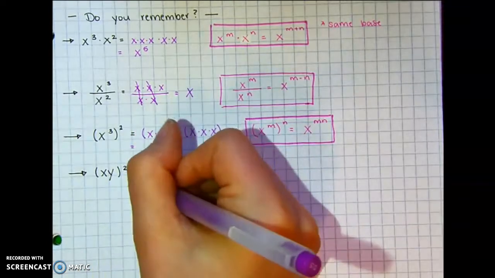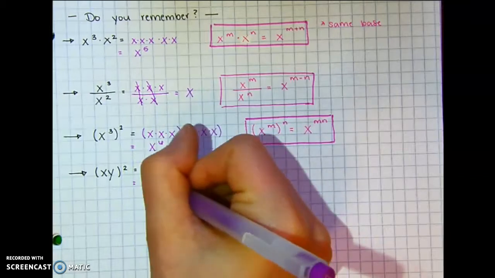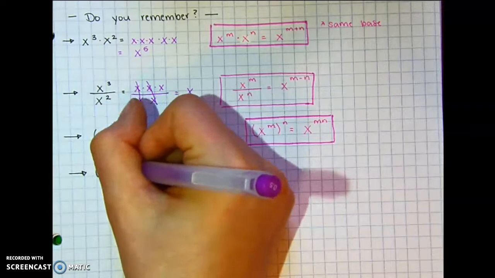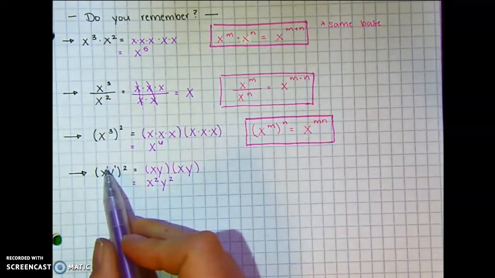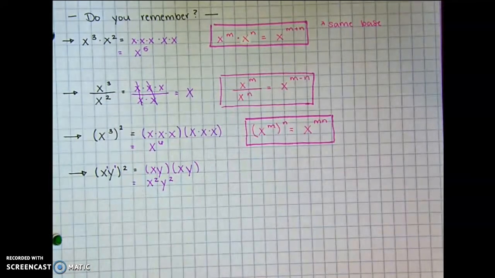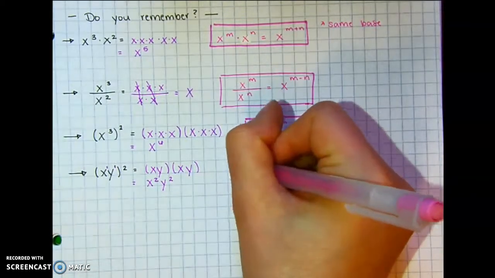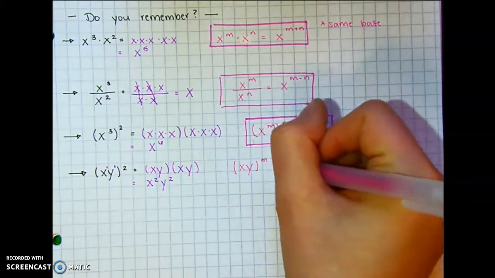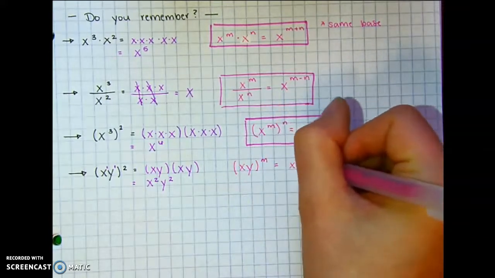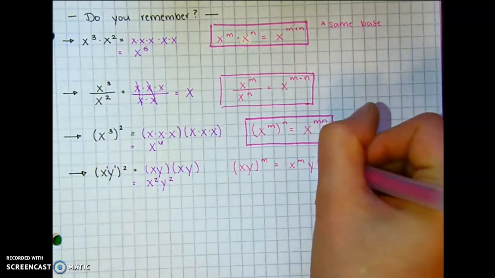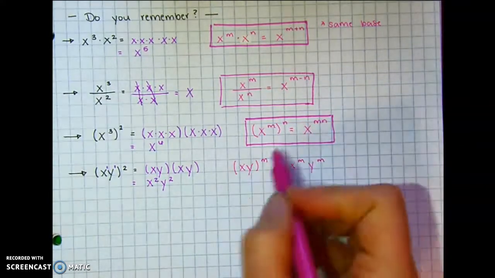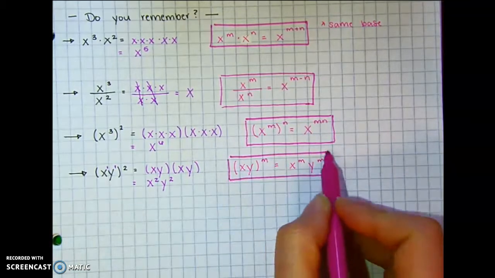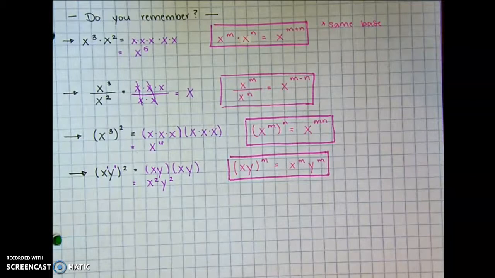So then x times x would be x squared, and y times y is y squared. So essentially what this means is you're going to multiply whatever the exponent was inside by that number. So if you have xy to the m, it's going to equal x to the m times y to the m. Sorry, for some reason my throat is a little scratchy. Okay.